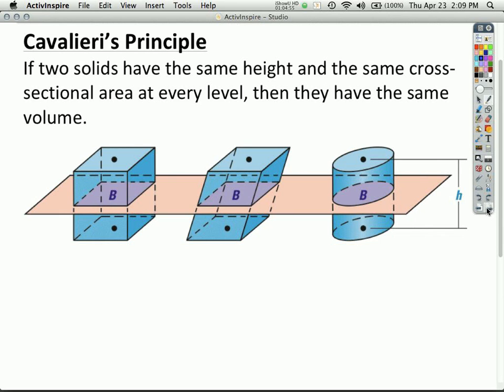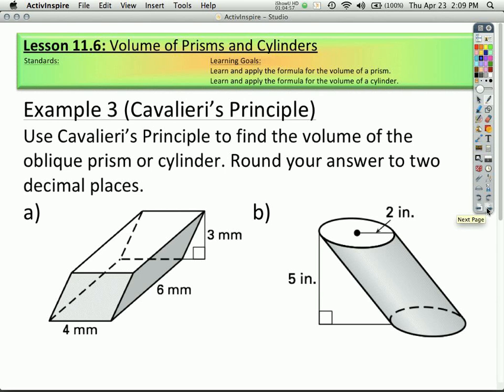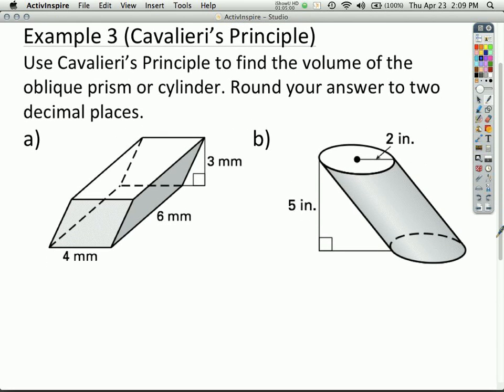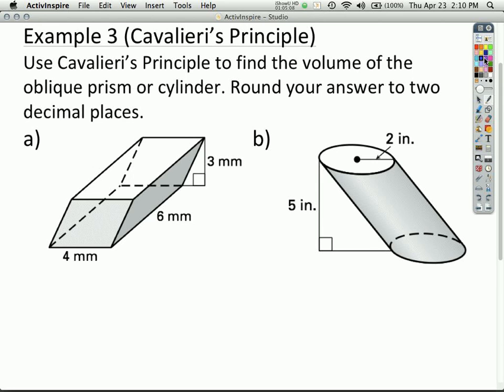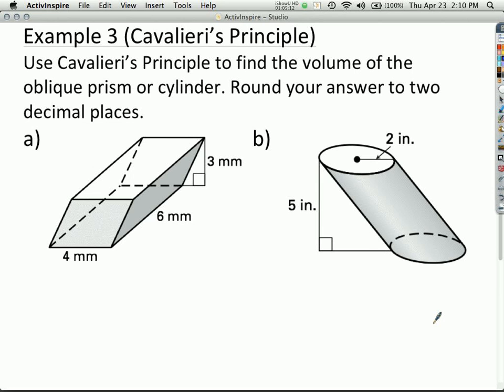So let's see how this plays out with Cavalieri's principle. So far, the way I view it is, it says use Cavalieri's principle, but I don't feel like I'm using anything.